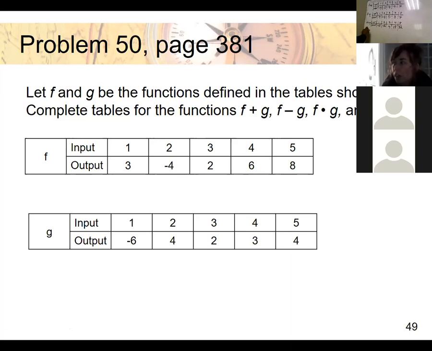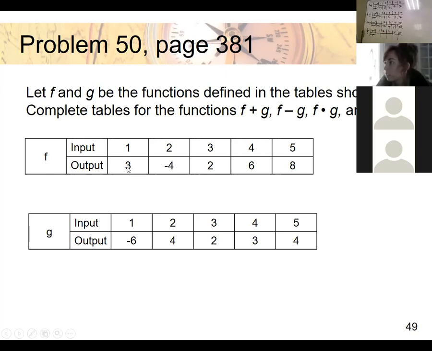And then finally f divided by g. Okay. All right, so we divide our outputs for the corresponding inputs.